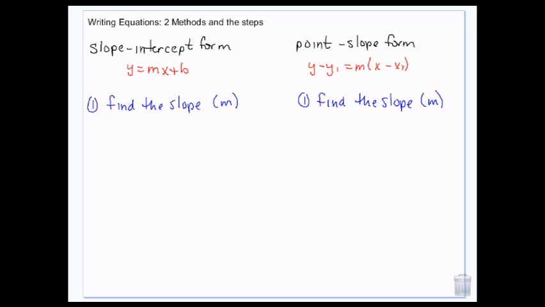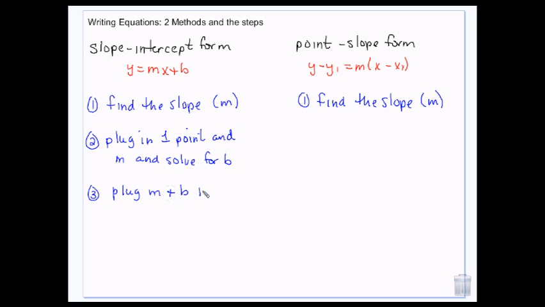Okay. Here's where it gets a little different. In slope-intercept form, you plug in 1 point and m and solve for b. And then you plug m and b into the formula.